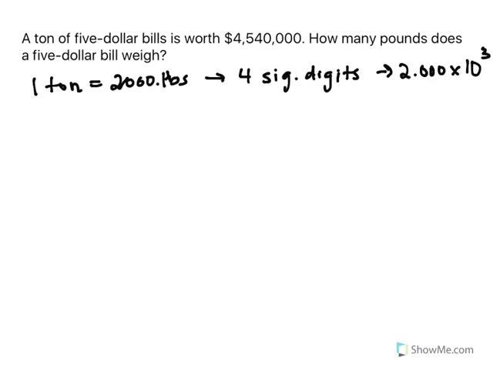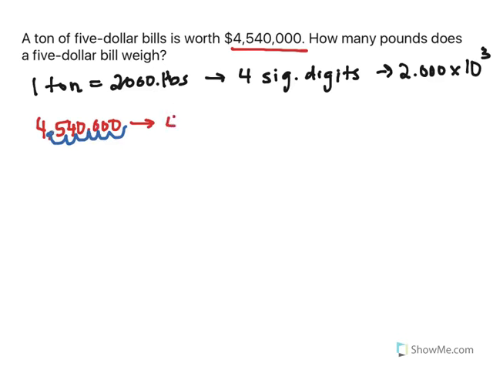We also need to put this number into scientific notation. So we have 4,540,000 in scientific notation. We move the decimal over 1, 2, 3, 4, 5, 6 spaces.